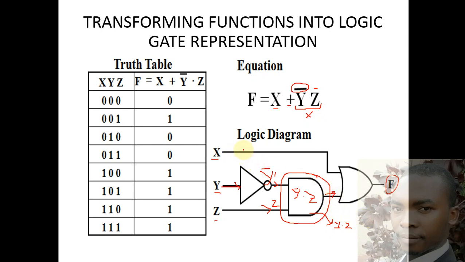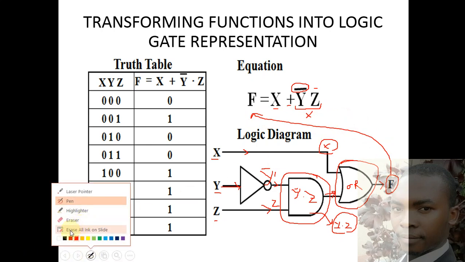And then we bring our x, which comes in as x still. Then we pass both of these, this one and this one, into an OR gate, and then we arrive at our answer, which is F.